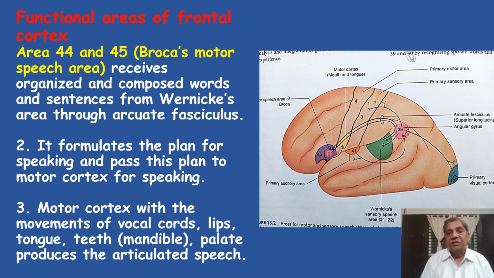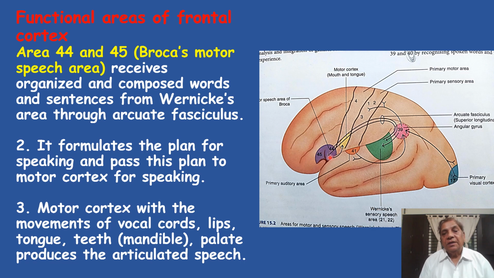Now this is the motor area number 44 and 45, located in the inferior frontal gyrus, just at the root or stem of the lateral sulcus. Now this area 44 and 45 is usually present in the left cerebral hemisphere, that is called the dominant hemisphere for right-handed people.